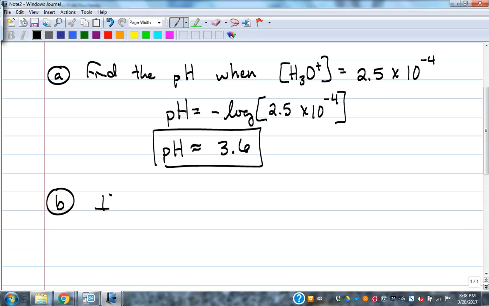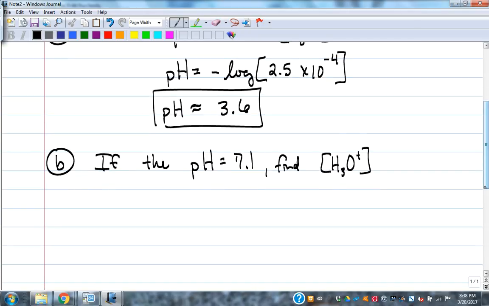So here's the tougher problem in this set: if the pH is equal to 7.1, find the concentration of H3O. This is where we have to solve an equation. So we set up this equation: 7.1 is equal to the negative log of the concentration of H3O.